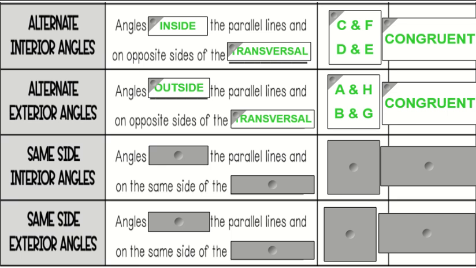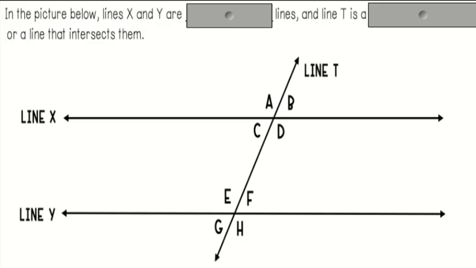All right, next one, same side interior angles. So again, inside, same side of the transversal. So that means if one of them's on the left, the other one is also on the left. So they use C and E and D and F. So if I go back, I look at C and E. C's there, E's there.